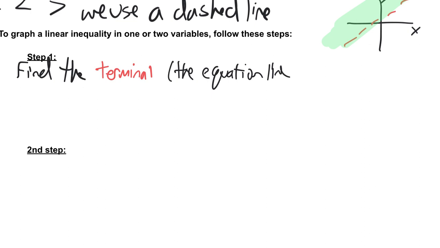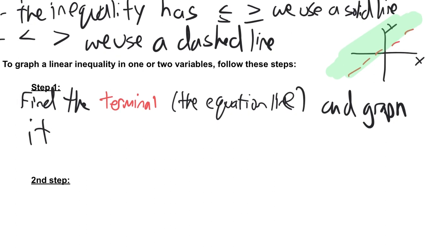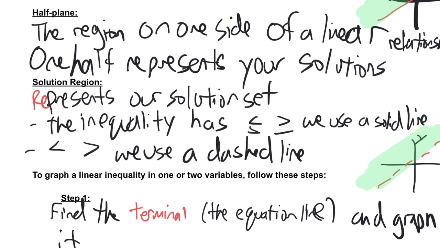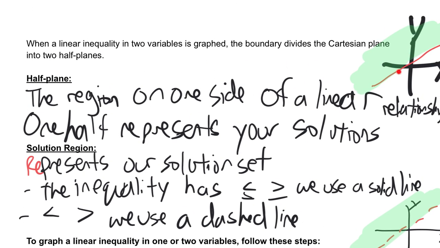Right? So, you know, y equals 3x plus 7, y equals negative 2x minus 4, whatever. So we're going to use the equation of the line. And we already talked about finding the terminal and graphing it. We also talked up above about how if it uses less than or equal to, greater than or equal to, we're going to use a solid line.